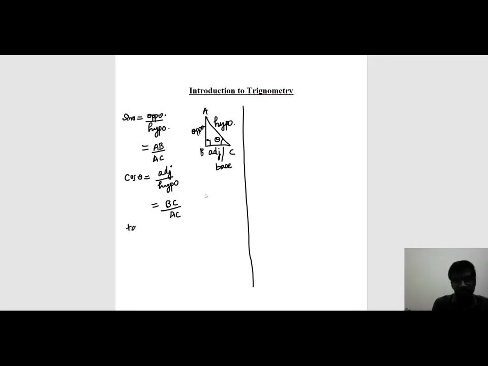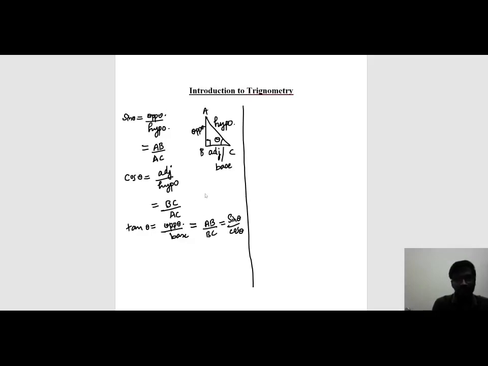Then tan theta. Tan theta is nothing but opposite by base, that is AB divided by BC. If you see clearly, this value will be equal to sine divided by cos.